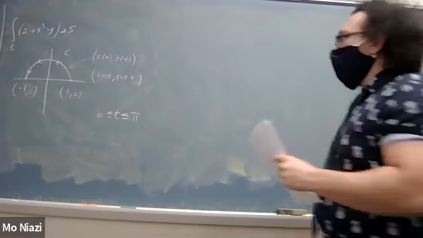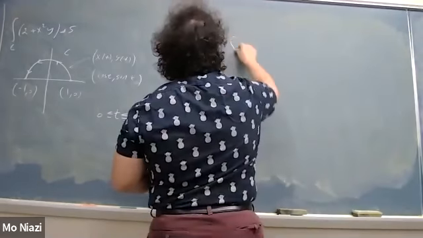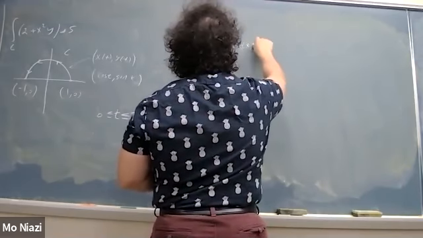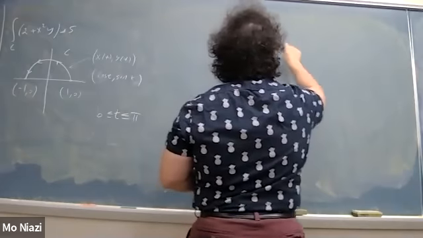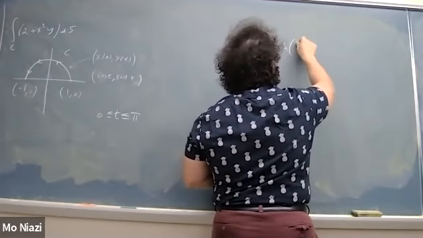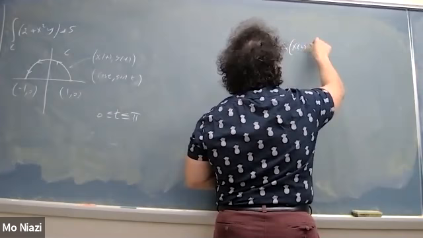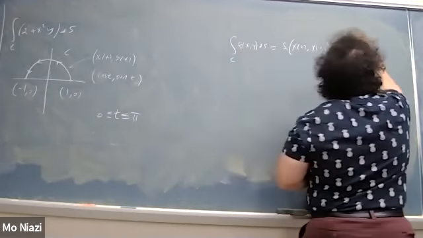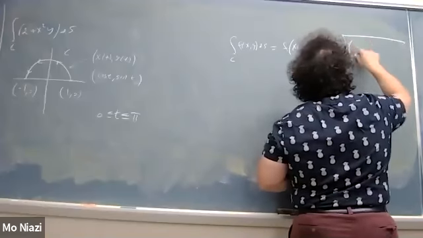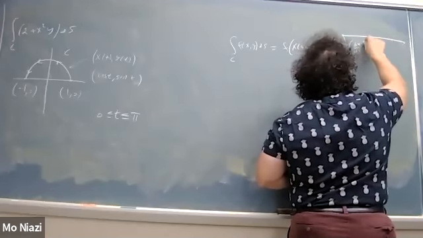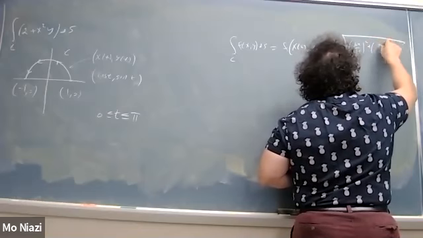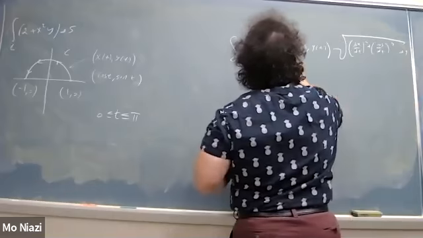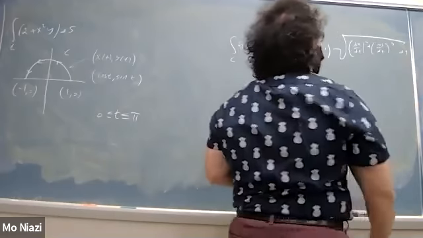So we just use what I had basically erased, that the line integral is equal to the height times the length, integrated on some interval.